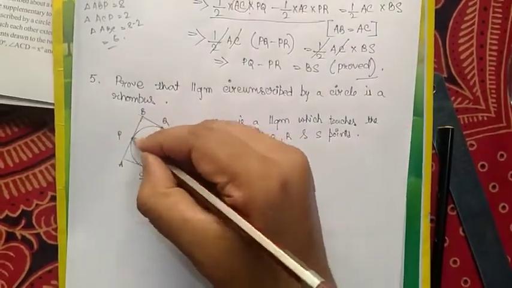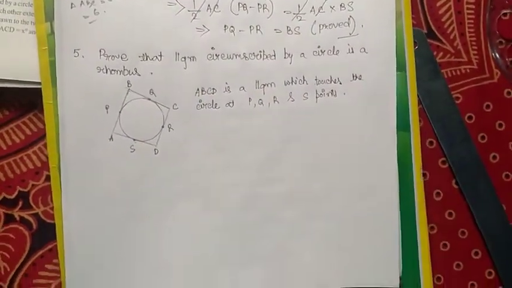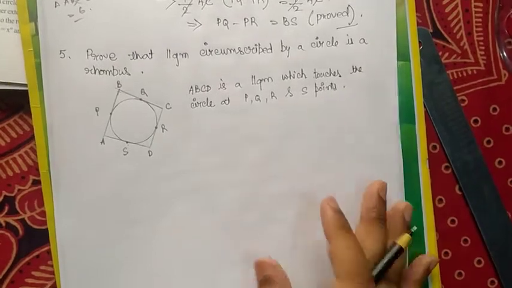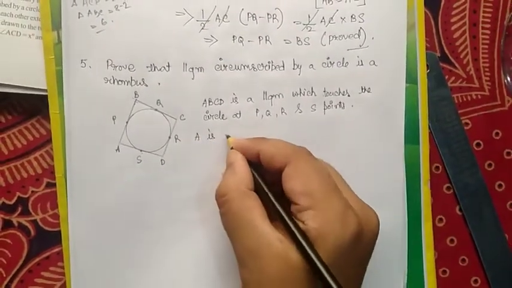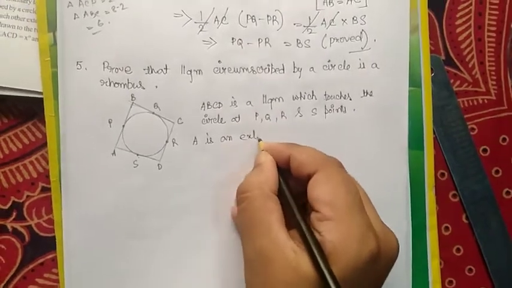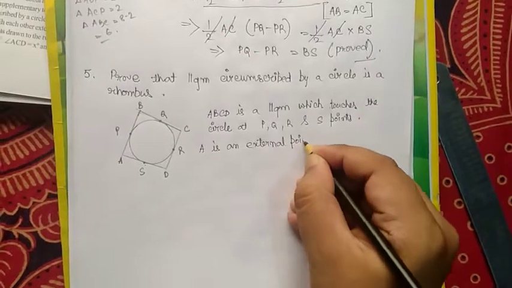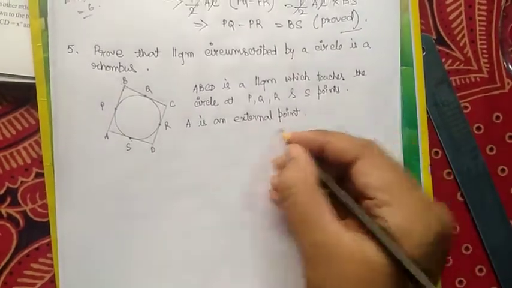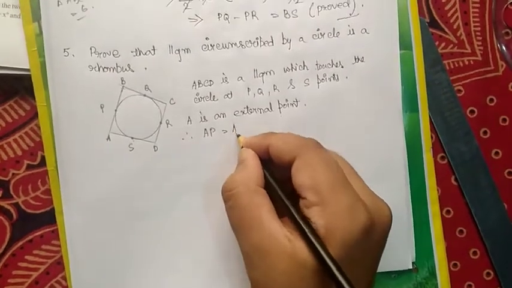These are the 4 points P, Q, R, S. So first of all we can say A is an external point, so therefore AP equal to AS.